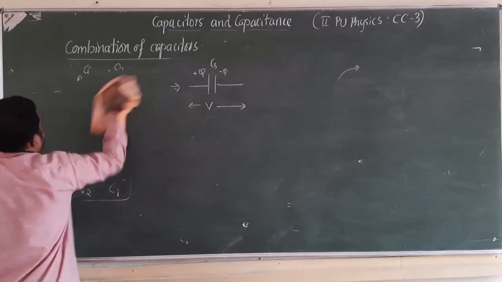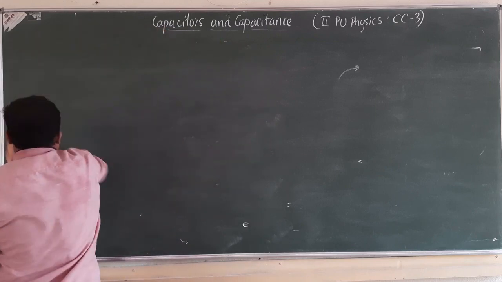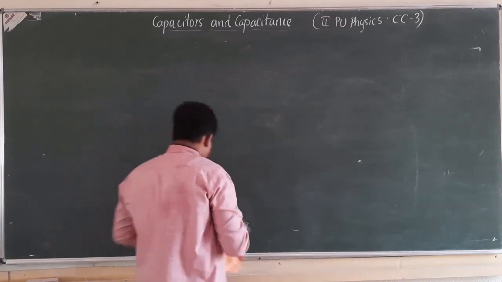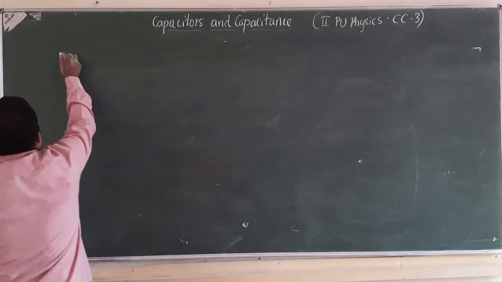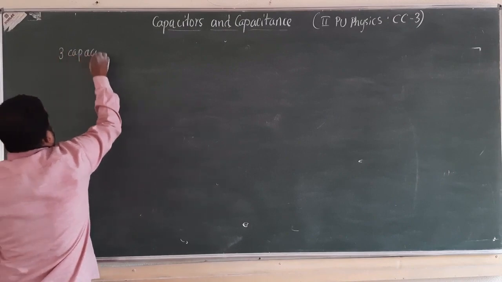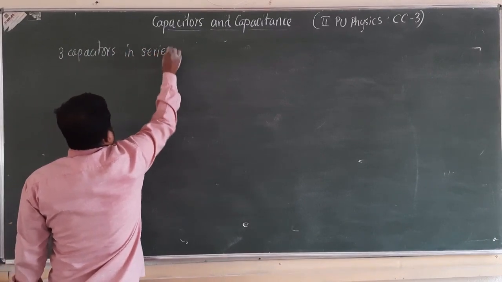Now let us consider one simple example for this series combination, which will give you a clear idea regarding the combination. Let us consider the case of 3 capacitors in series.